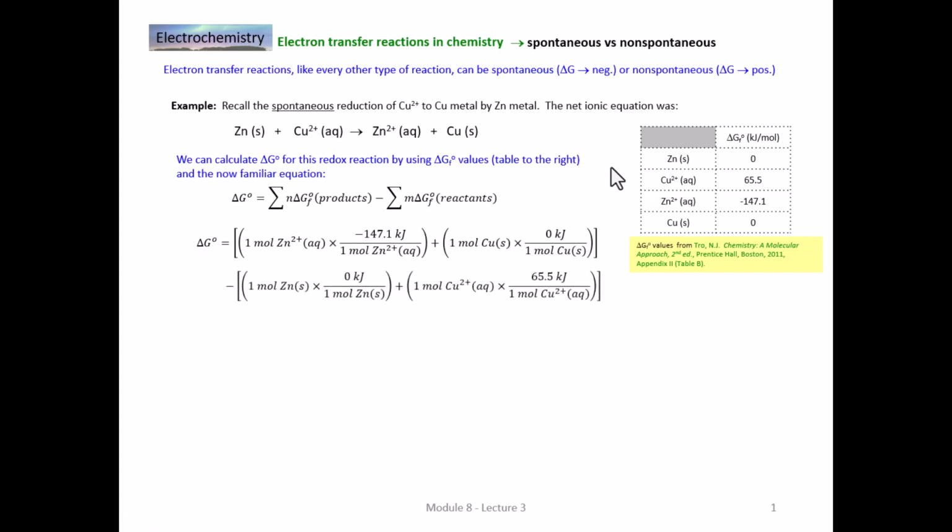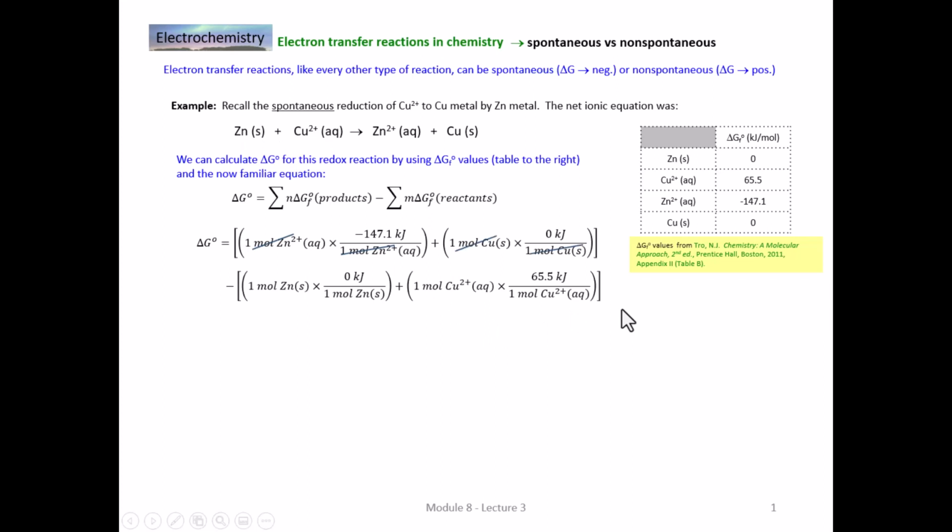If we do this calculation, which is fairly straightforward, of course, we add up the delta G of formation values of the products, zinc ion and copper metal, realizing how many moles of each that we have, and we subtract the sum of the delta G of formation values of the reactants, zinc metal and copper 2 plus ion.